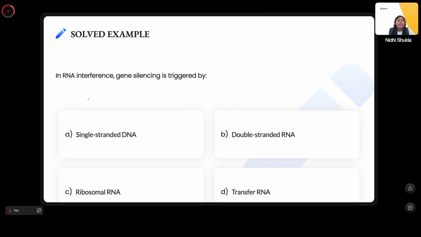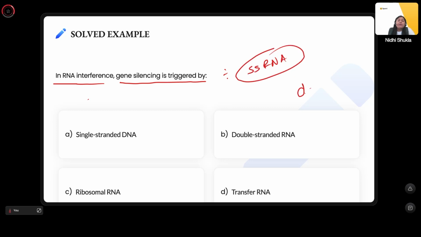Now, next question. In RNA interference, gene silencing is triggered by. In this question, we are asking what is that one starting point which will start this entire process of RNA interference. In eukaryotic cells, the RNA is single stranded.